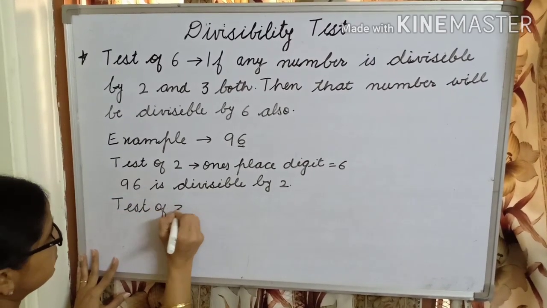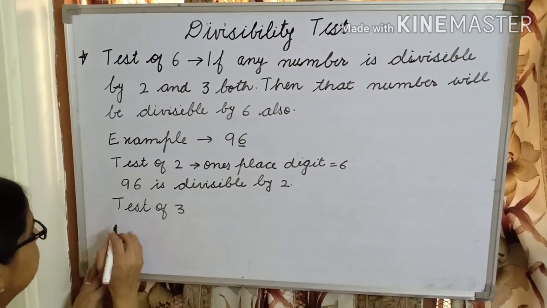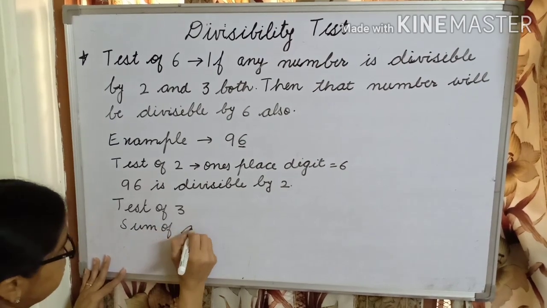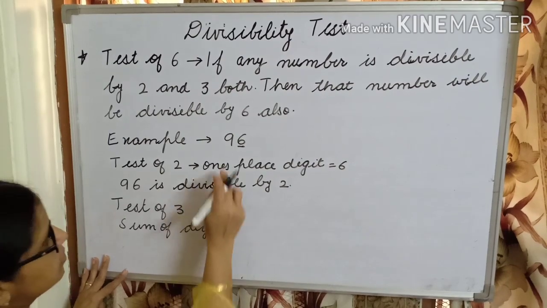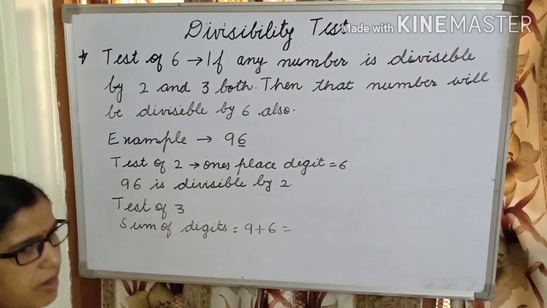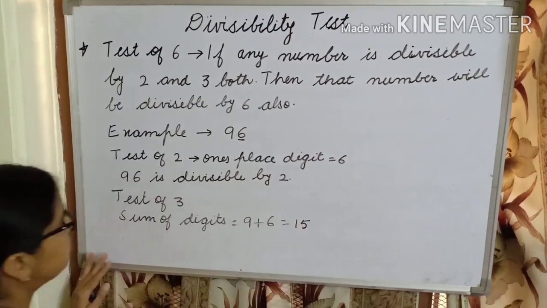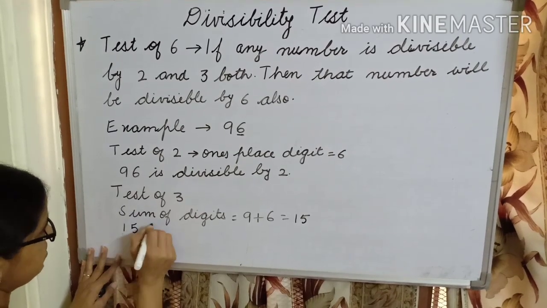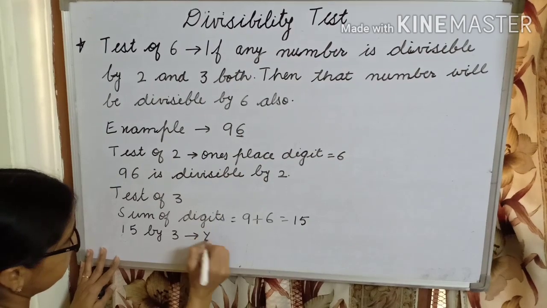Now for 3, test of 3. For 3, what you will do? We have done sum of digits. 9 plus 6. What is the sum of 9 plus 6? 15. 15 by 3, yes.